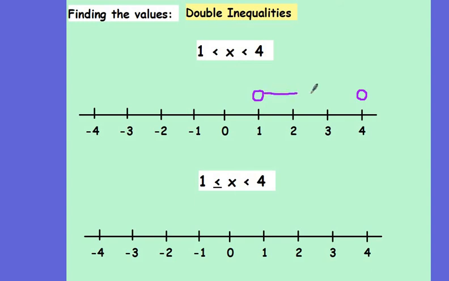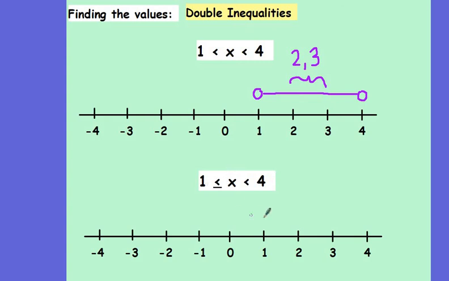If we join them up, the only possible values I can have for this inequality: I can't have 1, I can't have 4, but I can have these two in between, so I can have 2 or 3.